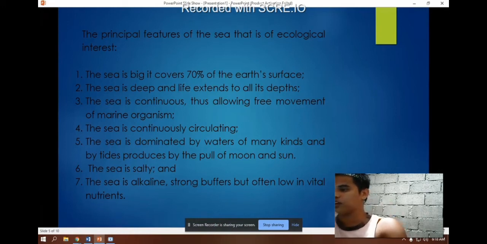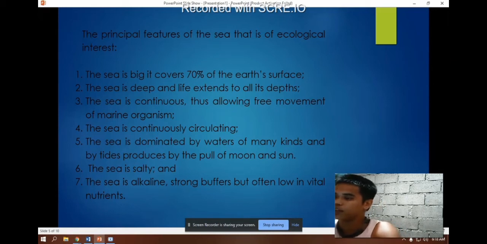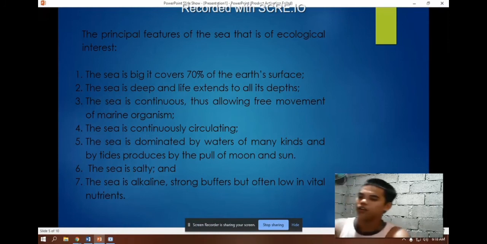Five, the sea is dominated by waters of many kinds and by tides produced by the pull of moon and sun. Number six, the sea is salty. Number seven, the sea is alkaline, with strong buffers but often low in vital nutrients.